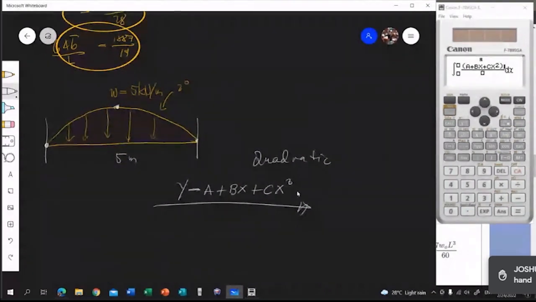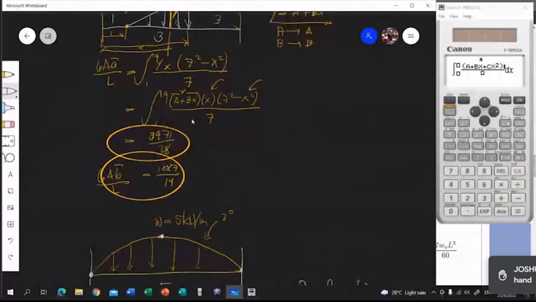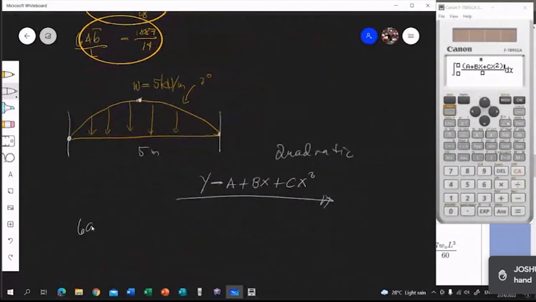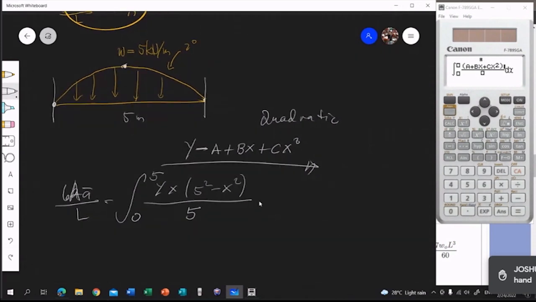The process is the same, y times x. So 6 a bar over L is equal to the integral of y times x times L, which is 5 squared minus x squared all over 5, from 0 to 5 dx.